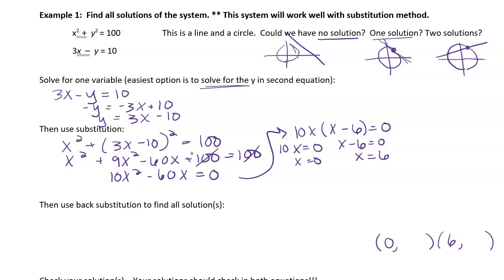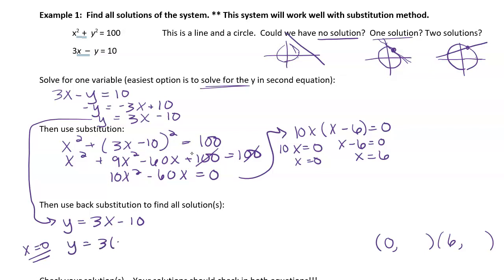So you want to substitute back, and this spot right here is going to be a nice place to use. If I have x equals 0, you can see I'm going to get y equals -10.